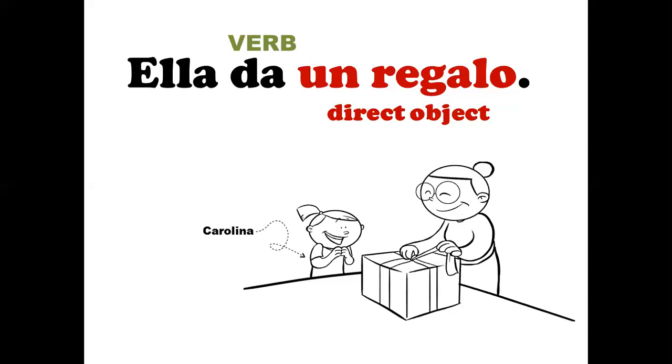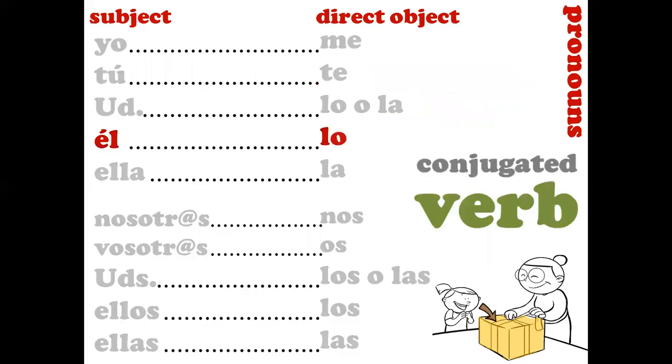But remember, Spanish works with nouns that have gender, either masculine or feminine. What is un regalo? Is it masculine or is it feminine? Well, if you said masculine, then you're correct. And because of that, we replace it with lo, the equivalent of el in the subject.